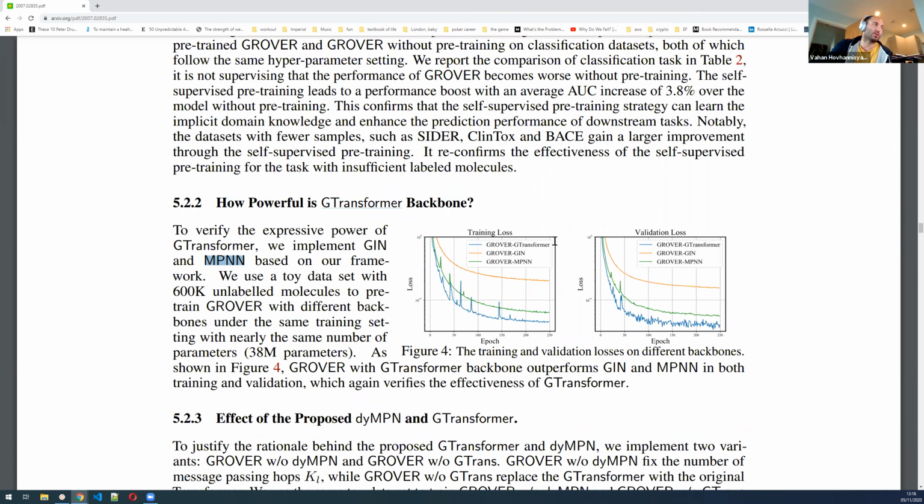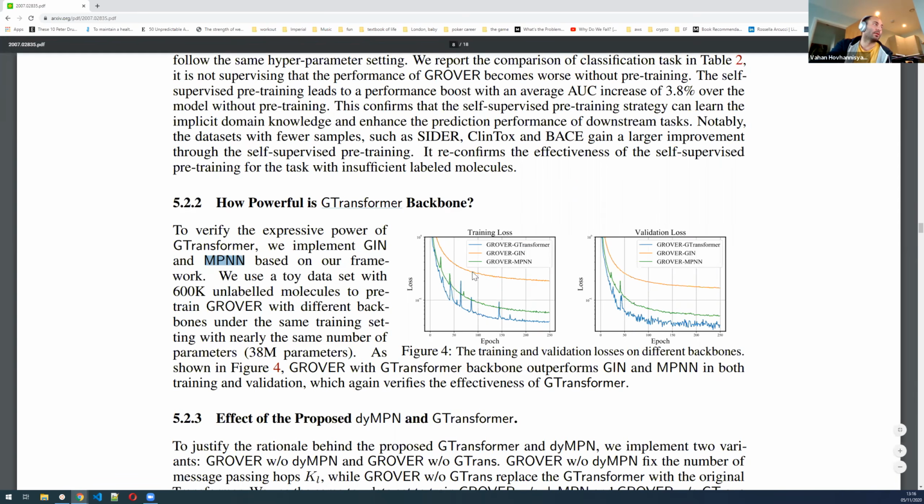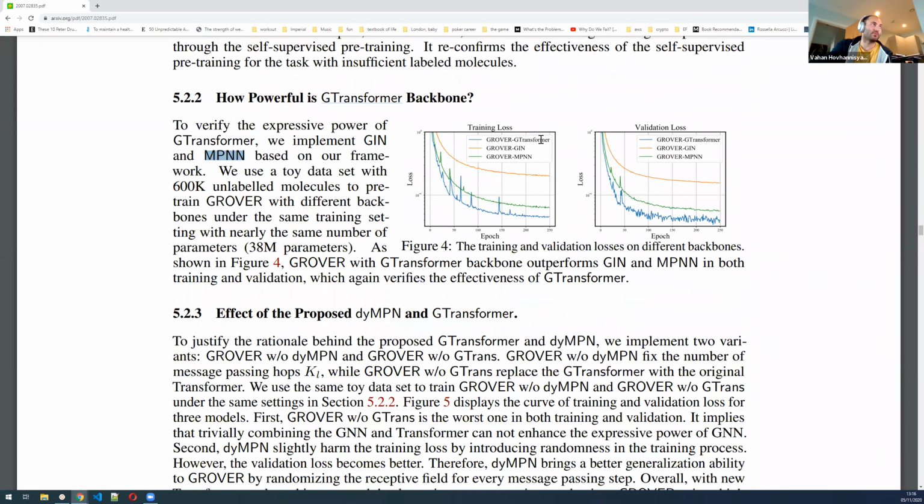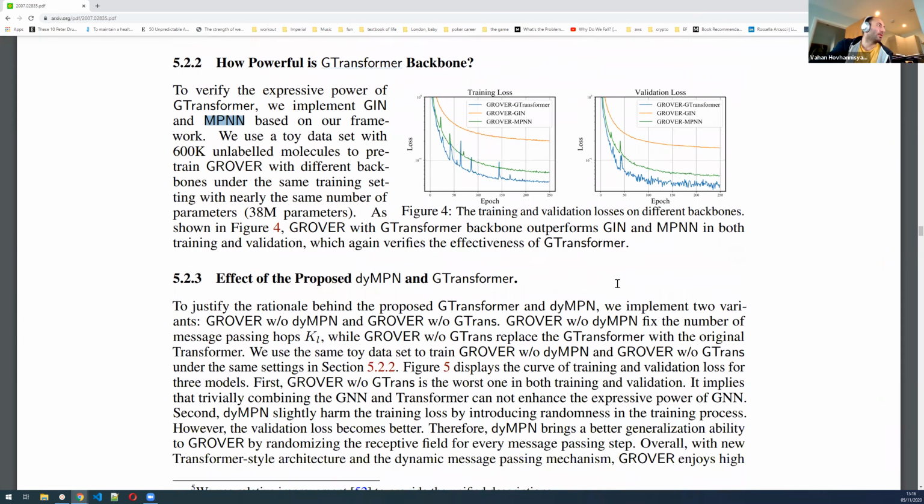Okay, they still pre-train, except they don't use the transformer. And as you can see, the curves change a lot. Right, so we can confirm that the transformer actually makes a big difference.